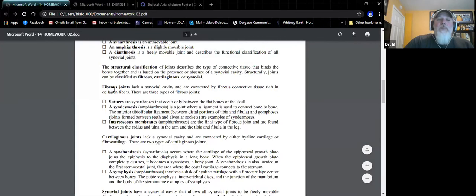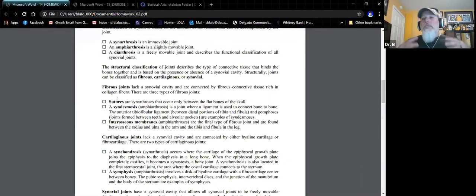Examples of fibrous joints would be things like the suture joints that we'll see in the skull. These bones of the skull are not fused together. They're held together by dense, irregular connective tissue. A syndesmosis is an amphiarthritic joint.